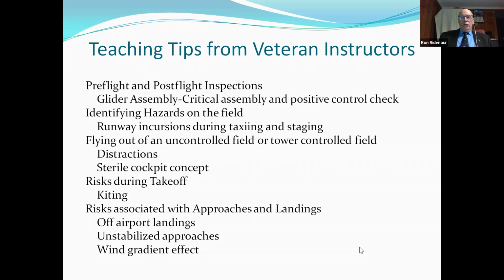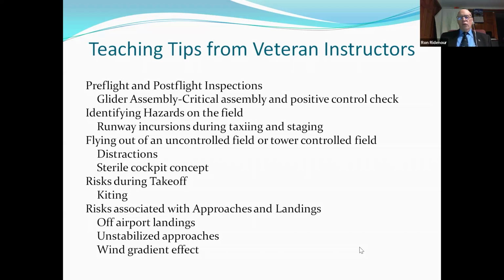Flying out of an uncontrolled field or even a towered controlled field. So the two different animals, you're maybe a little more likely to fly out of a tower controlled field in a motor glider than you are in a pure glider. I'm not saying that that's 100% true, but either way, if you're in a controlled field, you've got to coordinate with the control tower for your takeoffs and landings.